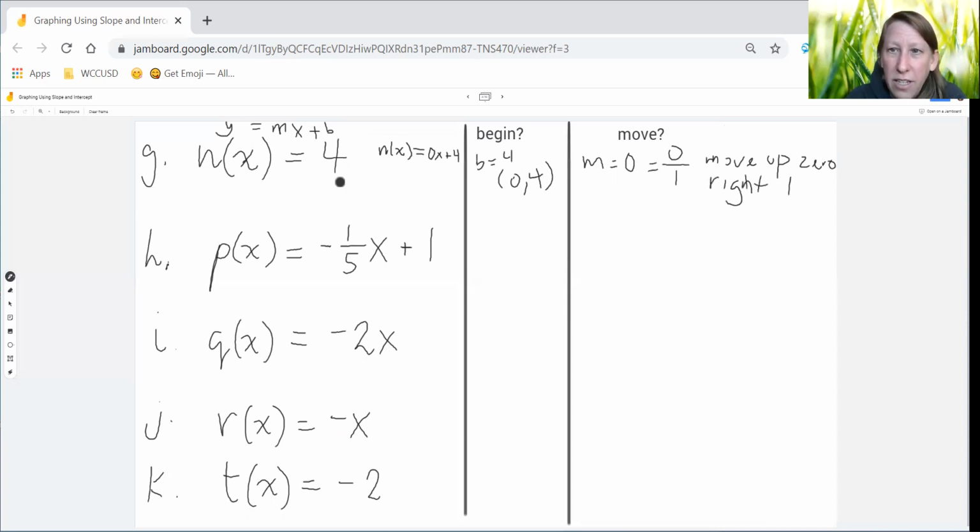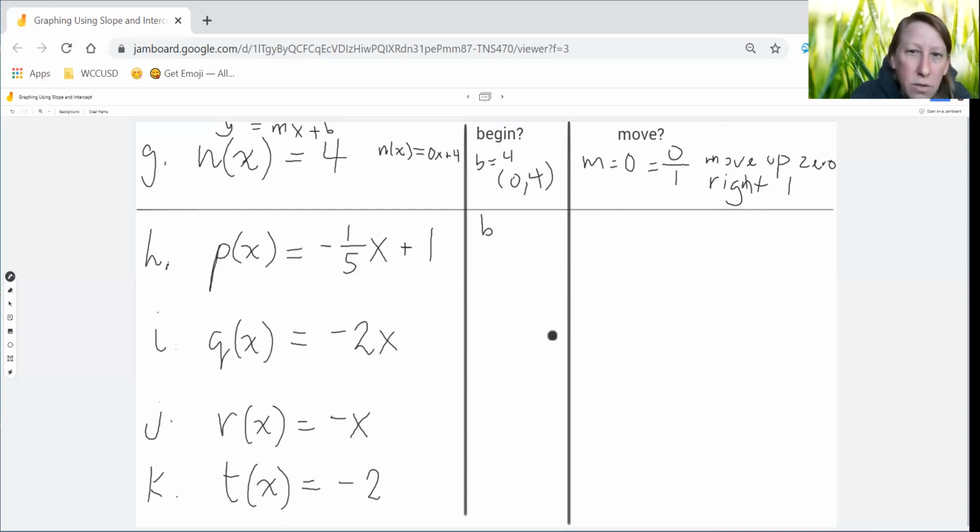All right, these are tricky, but you can always check it on Desmos too, if you're not sure. All right, let's see. This was the trickiest kind, so let's see if you guys learned something from the last slide. This one I'm beginning at 1, so I'm going to go to the point 0, 1. That's where I'll put my first point when I begin graphing. And then my slope here, the rate of change is -1/5.